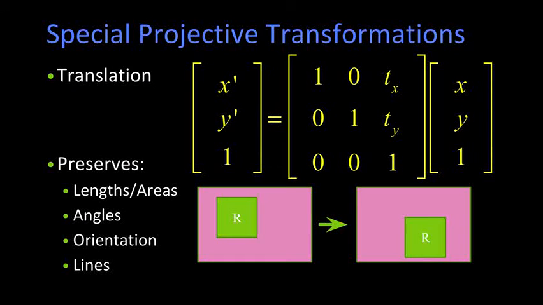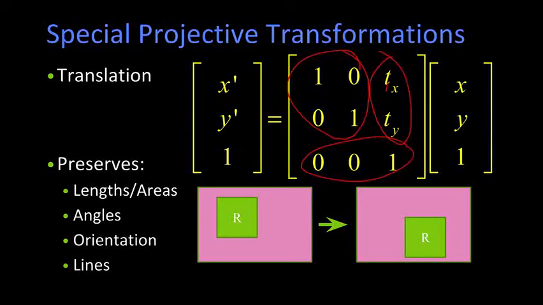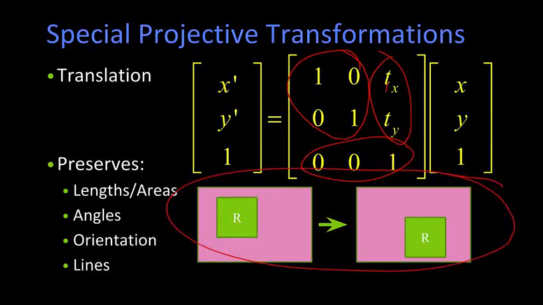So let's go back to translation. Translation in this framework is just the identity matrix up here, the translation there, the 0, 0, 1 there, and we go from x, y, 1 to x prime, y prime, 1. In fact, we didn't have to do any division because we maintained that 1. And that's drawn with this cool little picture here where we just take this square and translate it around. Nothing changes in orientation or size.